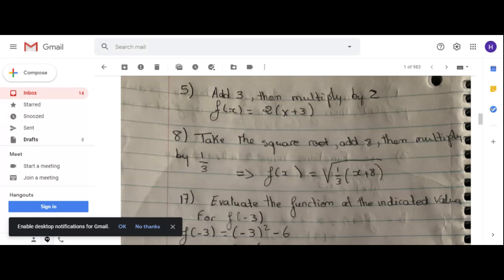So for the first function I have f of -3 equals, I'm gonna replace, -3 squared minus 6. So -3 squared is gonna be 9, since negative squared is gonna be positive. So 9 minus 6 is gonna be 3. So f of -3 is gonna be 3.